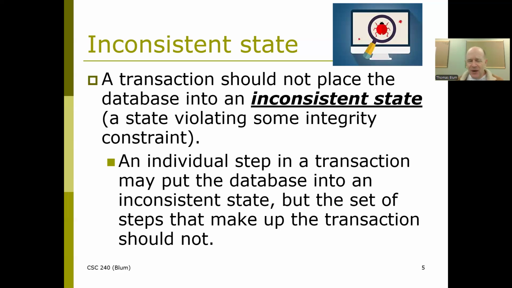An inconsistent state would be violating some rule, perhaps a business rule of the company. Something is wrong and doesn't represent the real situation. So our idea of a transaction is a set of steps that move us from consistent state to consistent state. They should not put us in an inconsistent state.